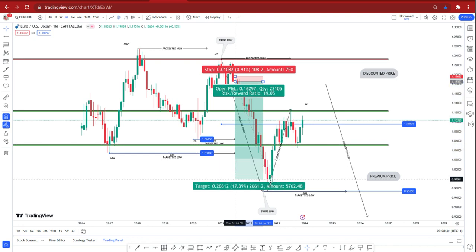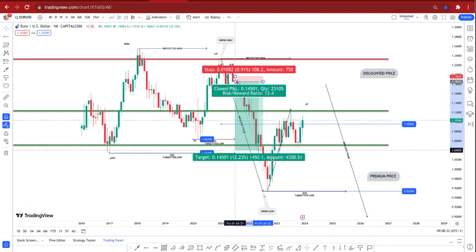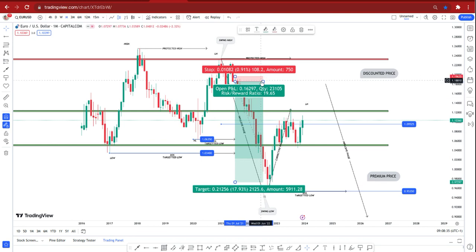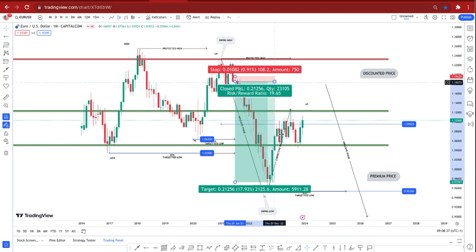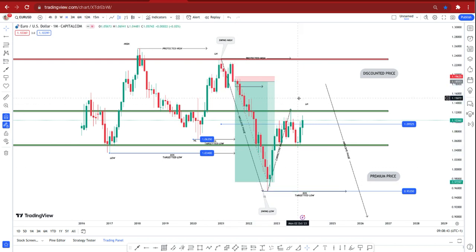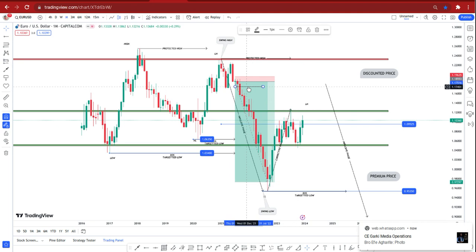I was able to bank it until I got to, let's say, here. Now I start moving my stop loss accordingly. This is another bearish, I move it forward, let's say here.